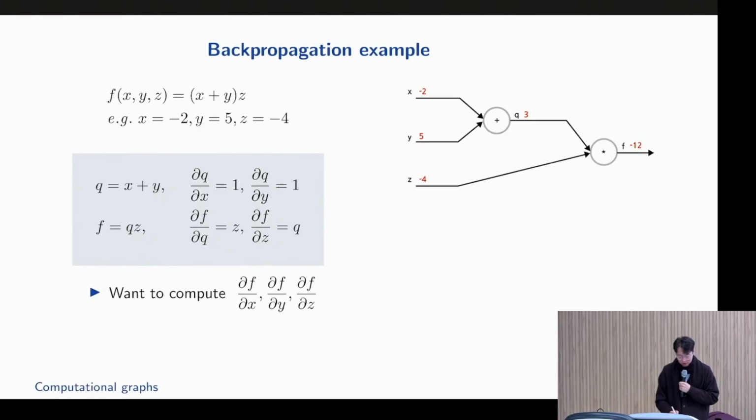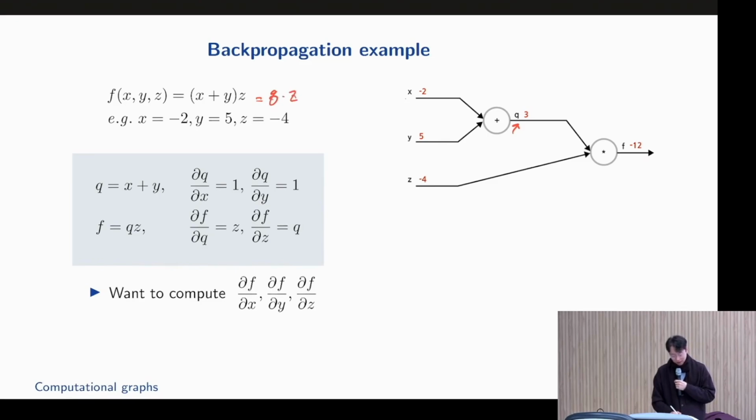And before that, let's pre-compute some useful intermediate steps. So adding x and y, we're going to call the output q. f is going to be q times z.